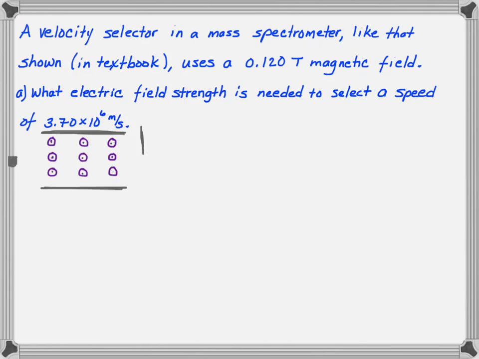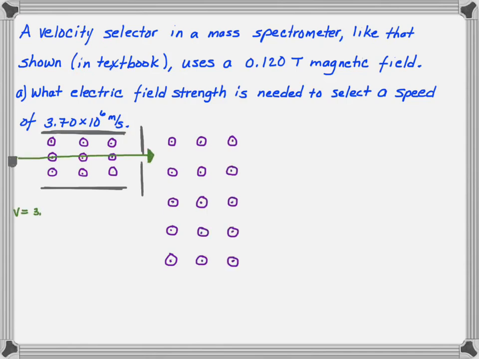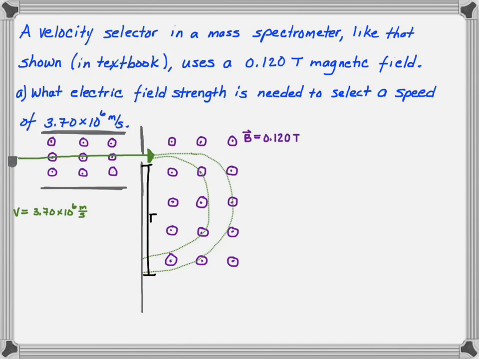Okay, I draw a picture, trying to draw one similar to the one they had for this problem, where in the first half of the drawing I have both an electric field and a magnetic field.